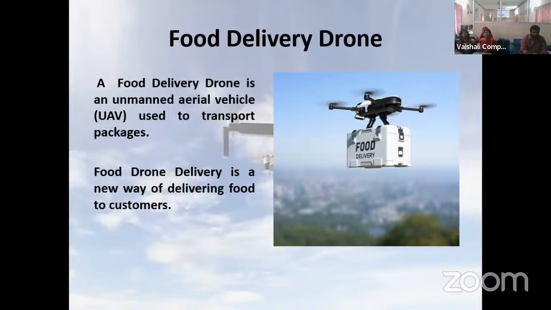Food delivery is a new way of delivering products to consumers. Here, rather than focusing on the traditional method of using cars, bikes, or cycles for delivery purposes, they give the responsibility to a drone. Next slide.